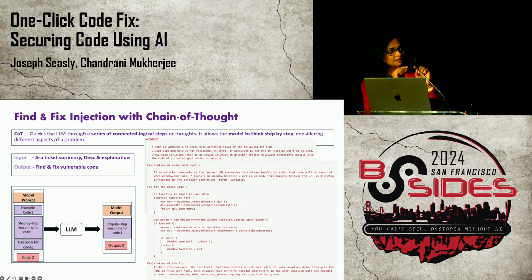I'm not only saying to sanitize this, but also giving a proper definition of how that sanitize would look, and why that fix would work. With this, and so far we have mainly tried injection, we saw a lot of improvements both in detection and in the quality of the fix it was generating. But I should definitely mention that it is not for vulnerabilities that are spread across multiple files. It is for vulnerabilities that are contained within the same file.